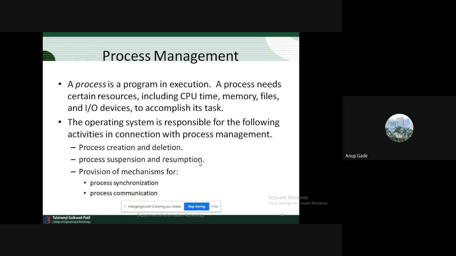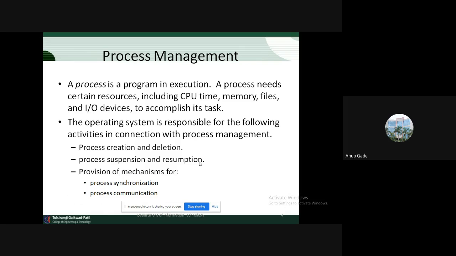A process needs certain resources, which include CPU time, memory, files, IO devices, and a number of things to complete its desired, or you may say the allocated task. We know that a process has certain steps throughout its life.